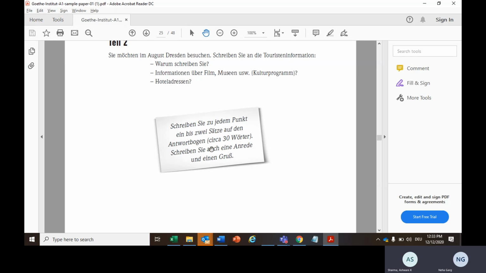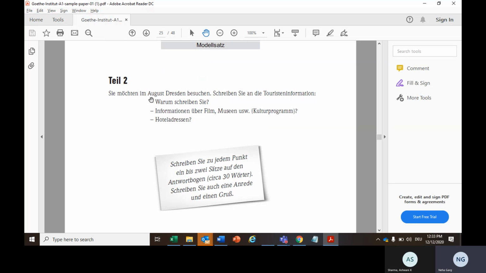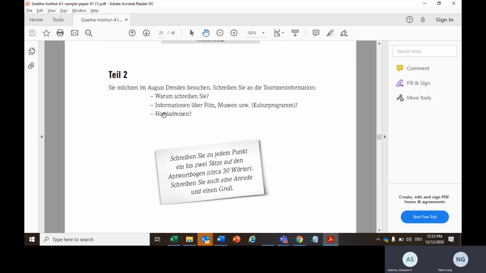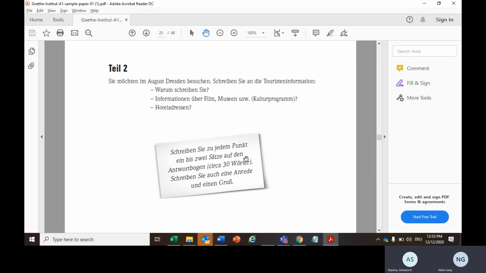So this is the information you have to pay attention to, 1, 2, 3, 4, because this will be the content of your email. In this rectangular box they say what exactly you have to do. There will be 3 points. For each point you have to write at least 1 or 2 sentences in your email body, and then also the salutation, Anrede, and the subscription, that is Gruß. Whenever you write any letter, it will be evaluated in 5 sections.